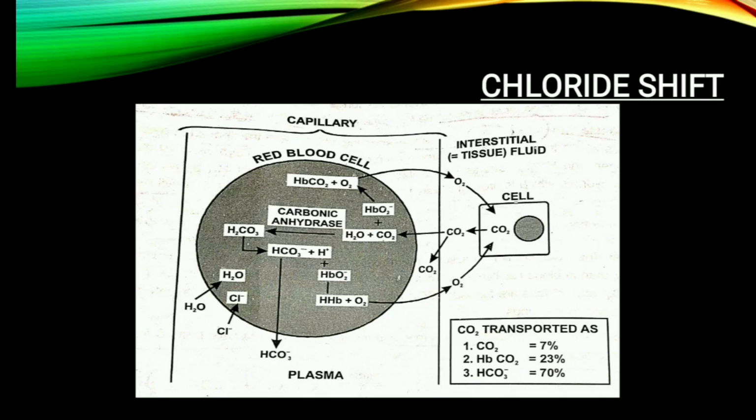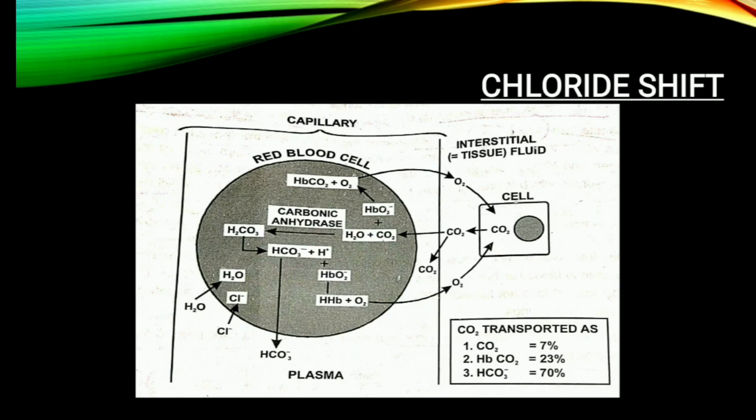H+ binds with HCO3-, the bicarbonate ion, to form H2CO3, the carbonic acid, which dissociates further to form H2O and CO2. Why? Because it is highly unstable.